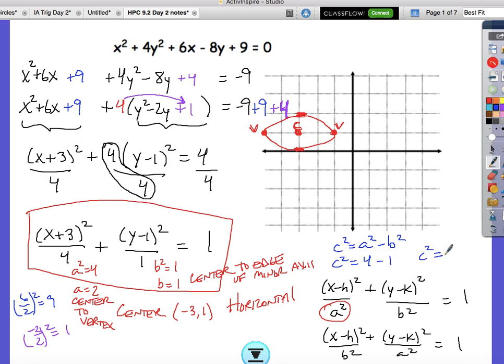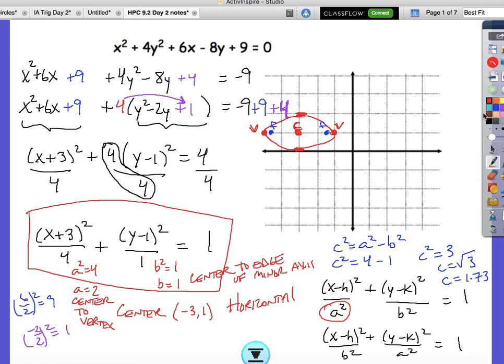So it looks like c squared equals 3, which means that c is the square root of 3, which is 1.73. So I would, from the center, I would go horizontally because the foci and the vertices lie on the same axis. I would go over 1.73 in this direction and 1.73 in this direction. And there would be my foci.